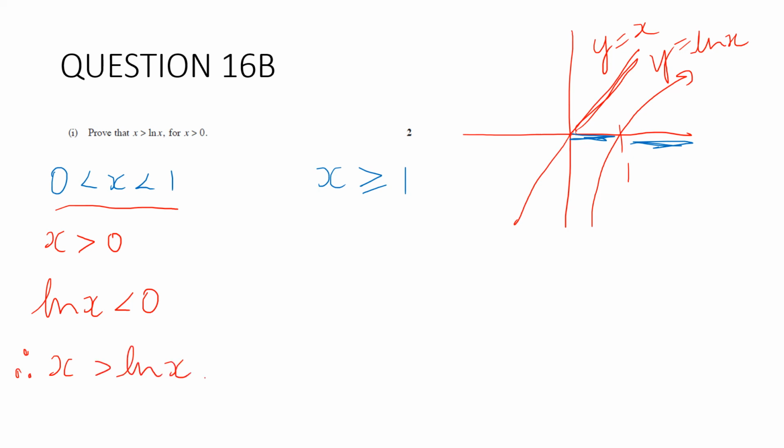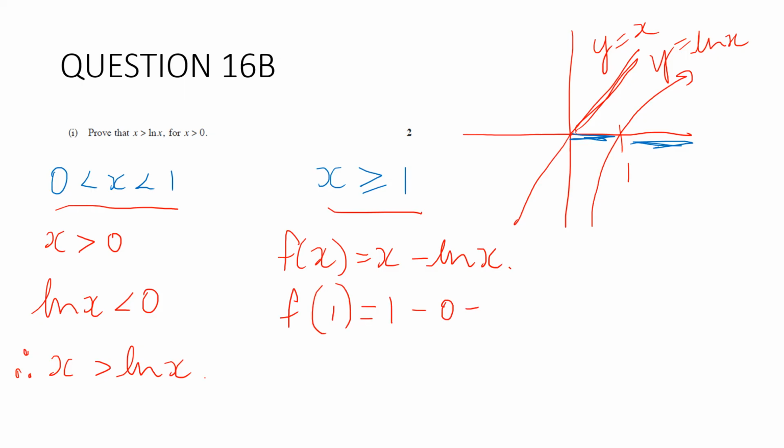Now for this, we're going to define a new function, f of x is equal to x minus ln x. And f of 1 is equal to 1 take away 0, which is equal to 1. Now, if we can prove that this function starts at 1 and then is increasing for x is greater than or equal to 1, then this whole thing here must be greater than 0.